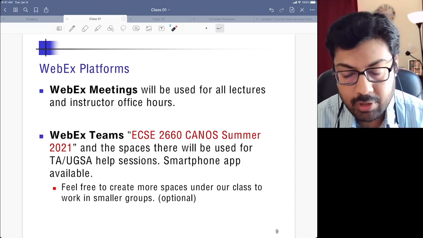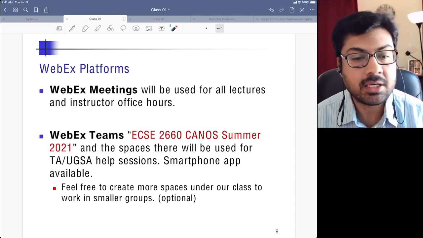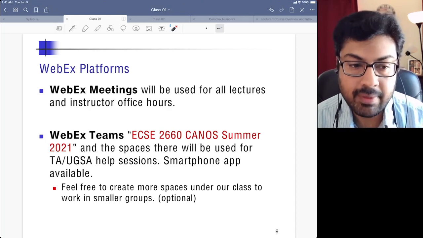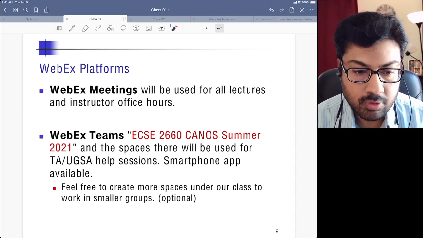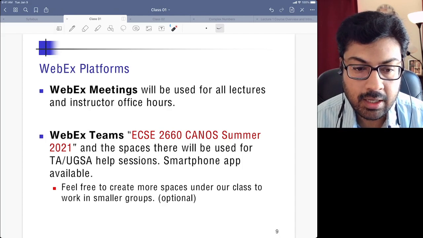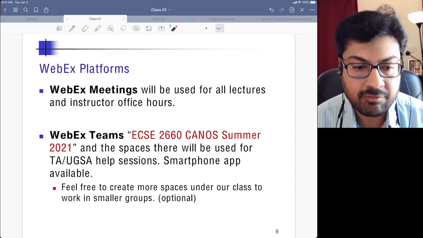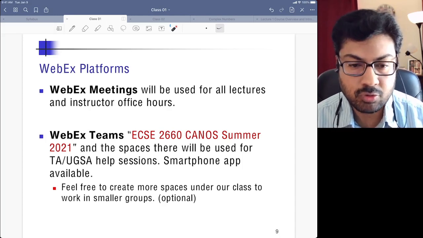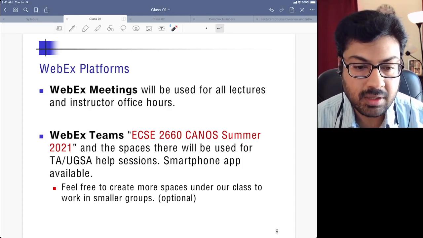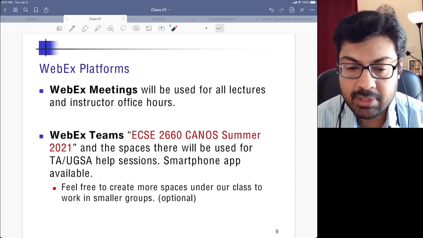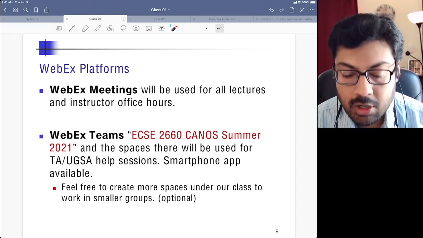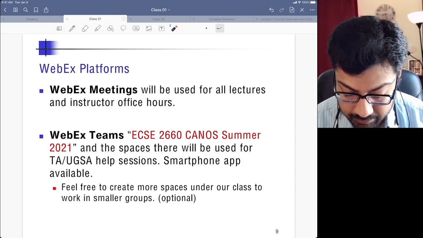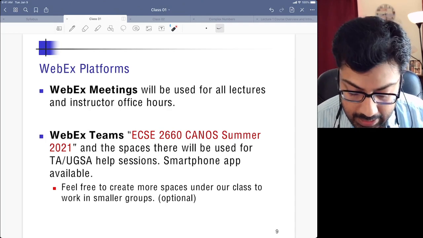And there are smartphone apps available for Piazza, for Webex meetings, for Webex Teams. So having access to these platforms on a smartphone can be very helpful. It'll give you the ability to be involved in the conversation almost all the time.